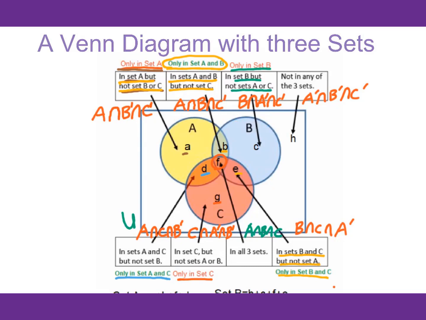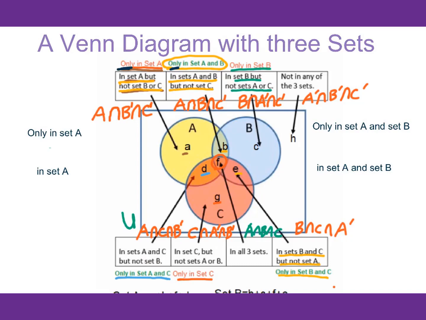When you do the problem with 3 sets, you have to be careful with words like only. Without only or with only means different things. Let's talk about the difference.